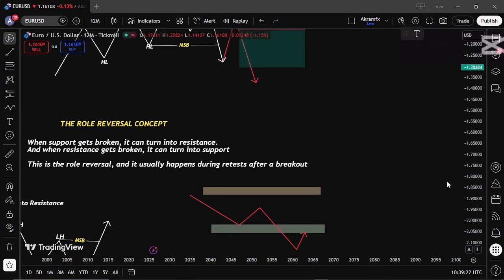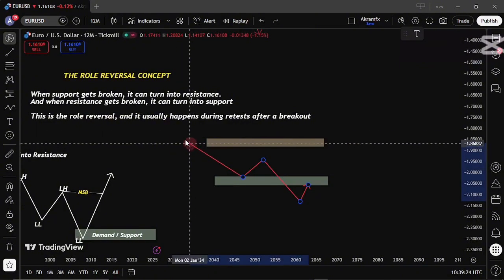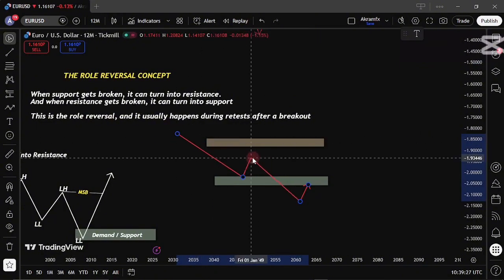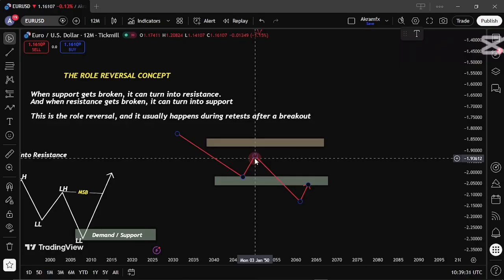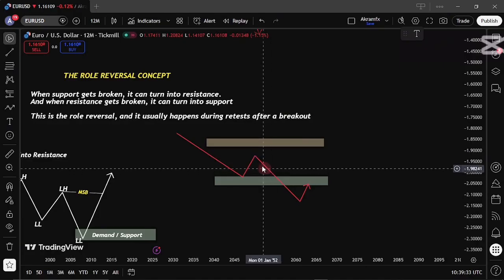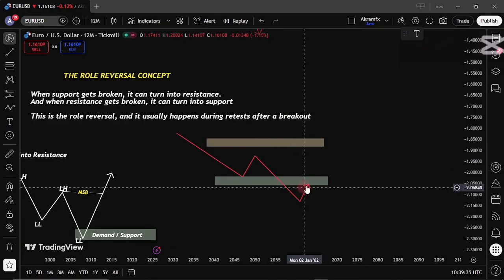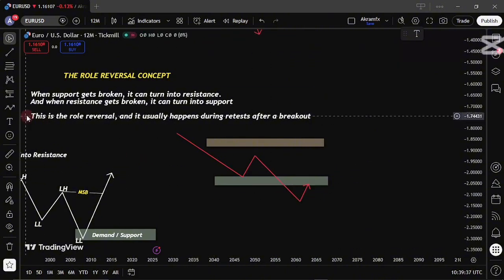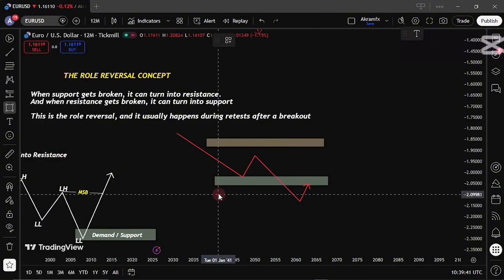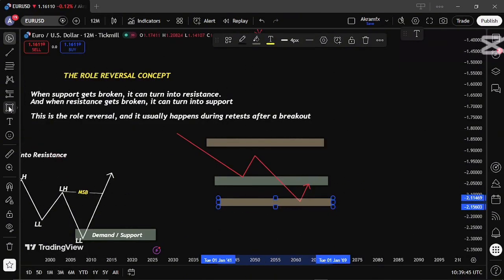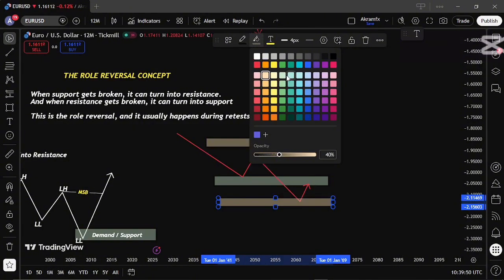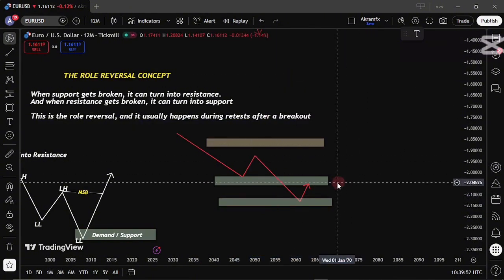We can clearly see that prices came, first got rejected at the support, and then on retest they broke the support. When they broke the support, that means they created another support downwards. I don't know if you're getting this, but they created another support downwards.